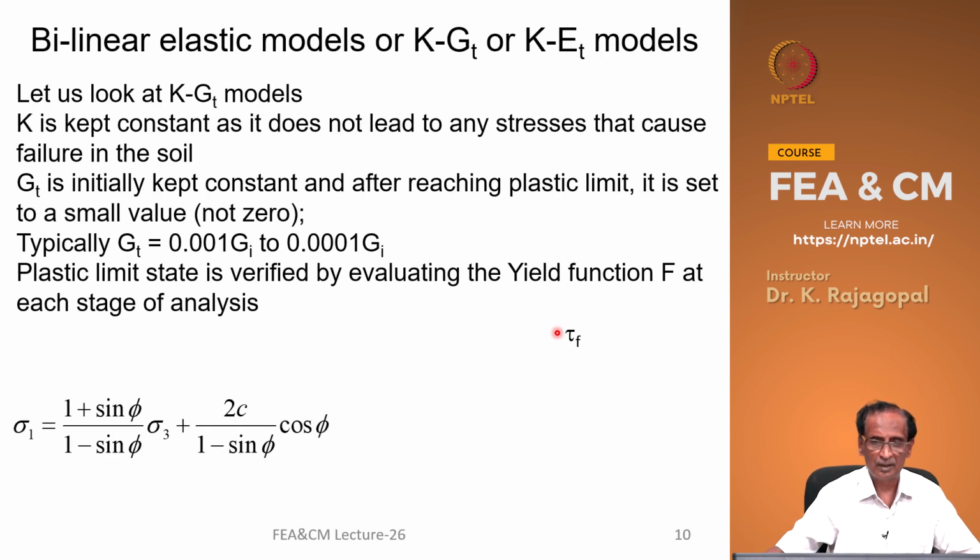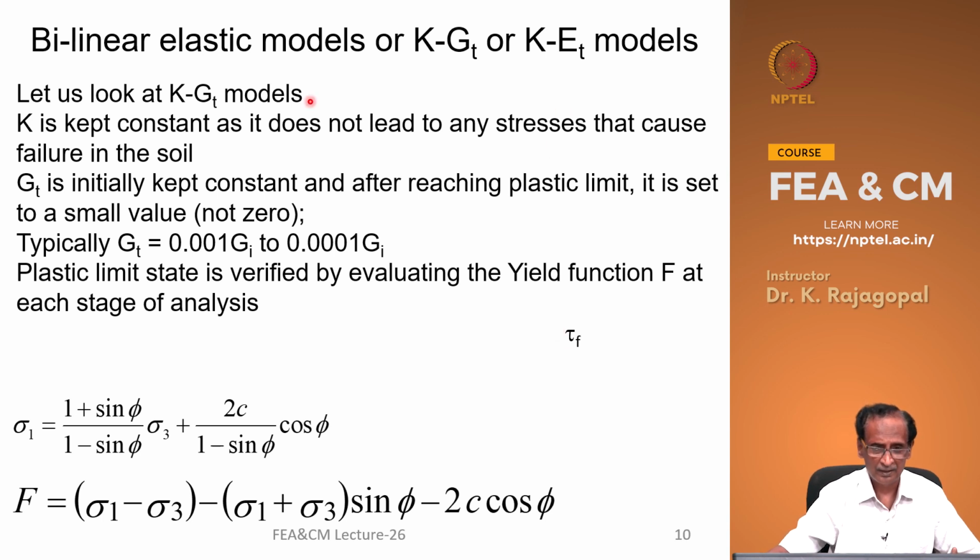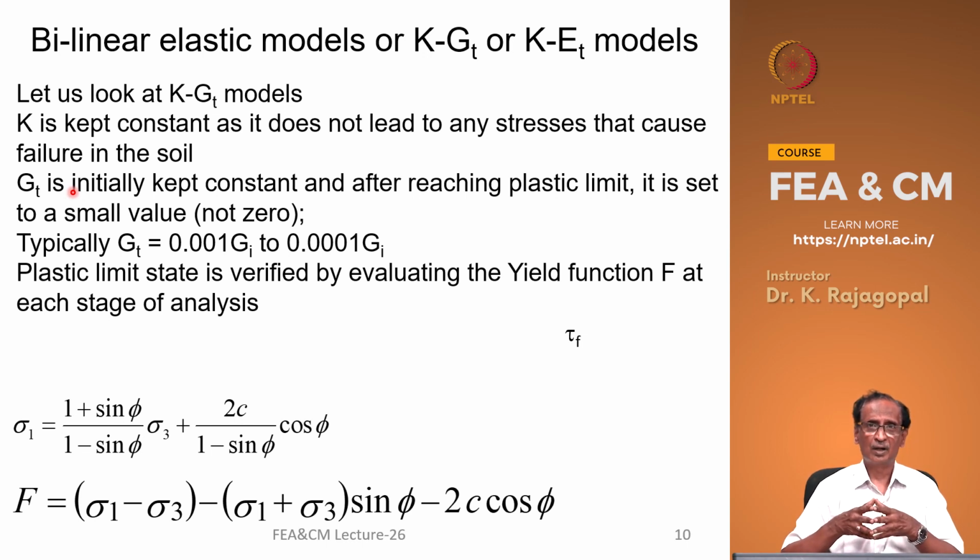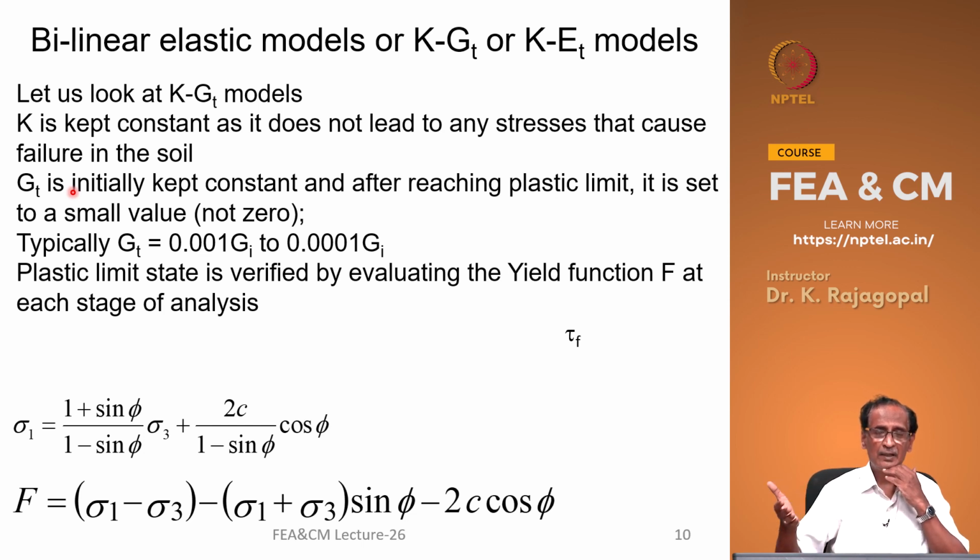So, let us look at our KG type model, the bilinear elastic model. Initially our G, the shear modulus, is set to some finite value, and then once the yield function becomes positive, that means that our Mohr circle is just crossing the yield surface, we set the tangent shear modulus to a small value such as 0.001 Gi or 0.0001 Gi, and then we continue the analysis.